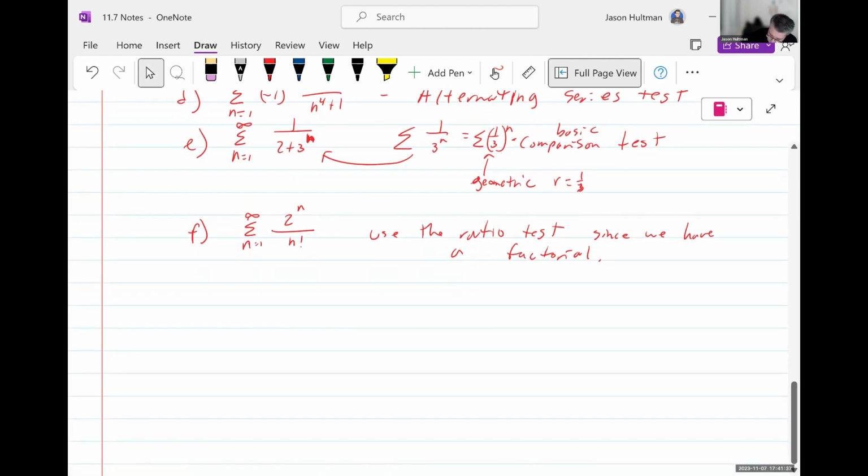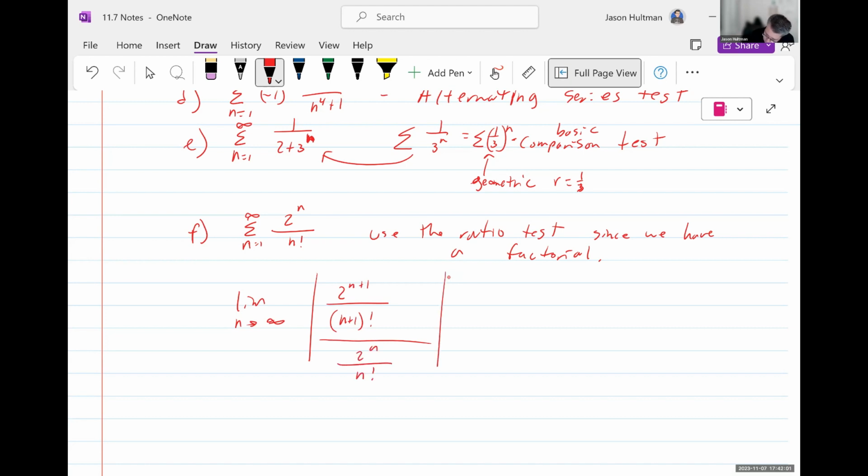Okay, let's do F here. The limit as n goes to infinity of 2 to the n plus 1 over n plus 1 factorial all over 2 to the n over n factorial equals the limit as n goes to infinity of 2 to the n plus 1 over n plus 1 factorial times n factorial over 2 to the nth power.